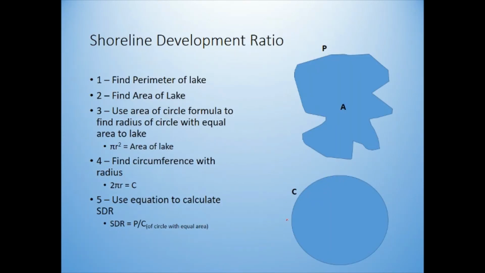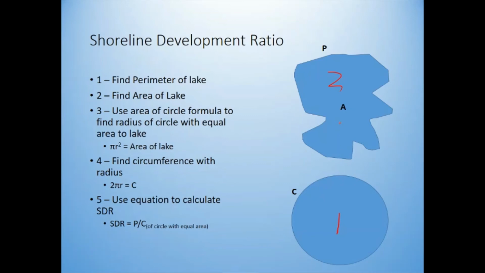Think about this circular lake, Lake C, versus Lake 1 and Lake 2. Lake 1 is pretty much a circle, and what it's saying here is that this lake has the minimum amount of littoral zone, assuming everything else equal, like depth. Because it's a circle, it has the minimum amount of shoreline.